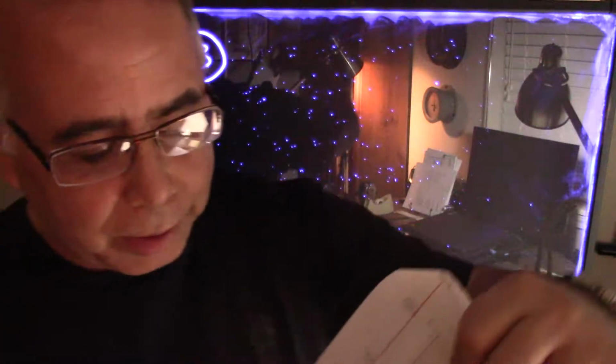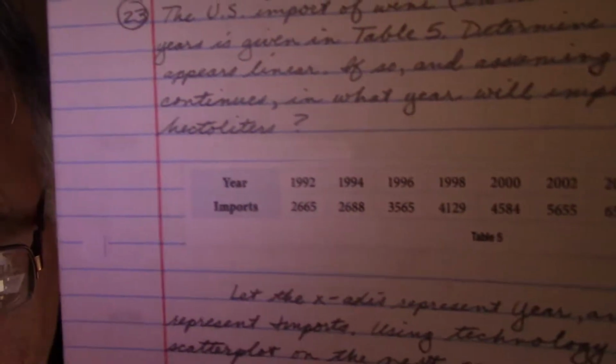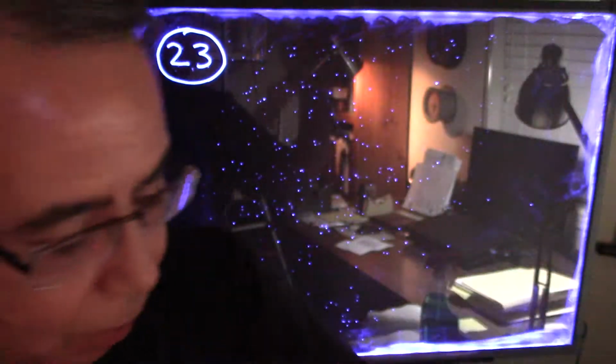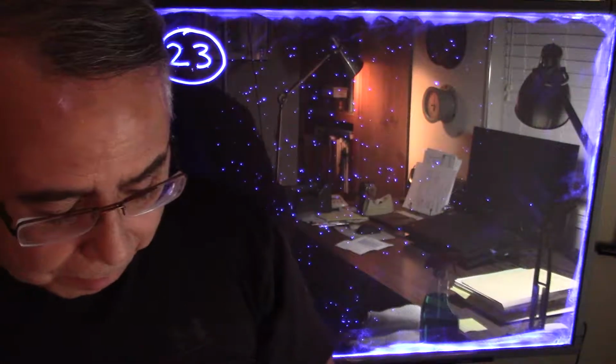You can go online and do this too, look up linear regression. First of all, let's let the x-axis represent the year. That would be the top row in the data here. So the x-axis is the year, and the imports would be the y-axis data.